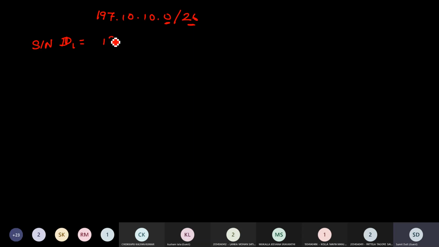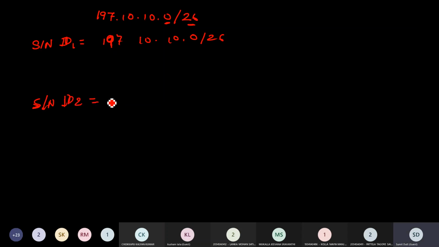So it is 197.10.10.0 /26. This is my first subnet network ID.